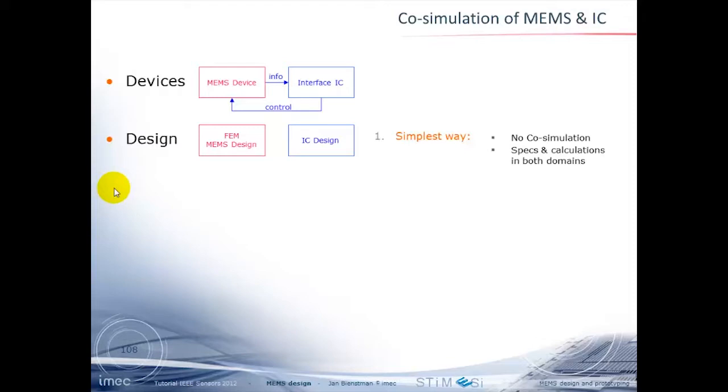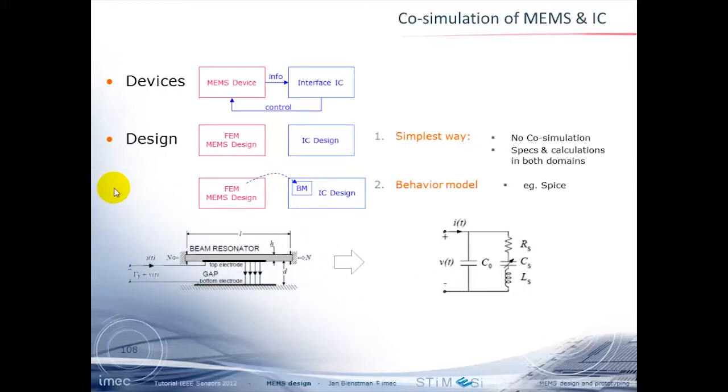Somebody designed this one, somebody designed that one, and they communicated using specifications. That was easy. For pressure sensors, you can specify the Wheatstone bridge, the maximum voltage, maximum temporal rise. But if your structures become more complex, how do you, for example, resonator? Well, actually, we have seen today equivalent electrical models of this kind of resonators. You can do some mathematics on this structure and derive an equivalent model, which you just plug into your IC design SPICE or Cadence.